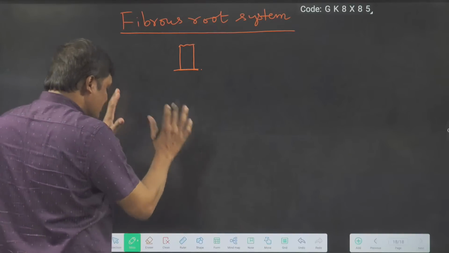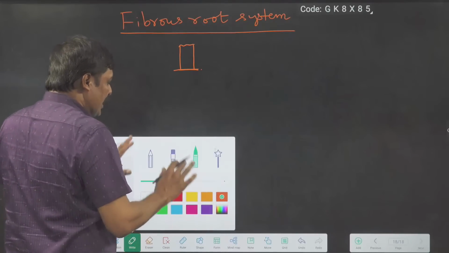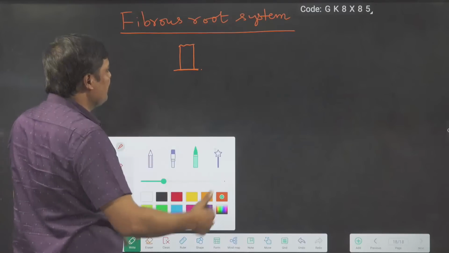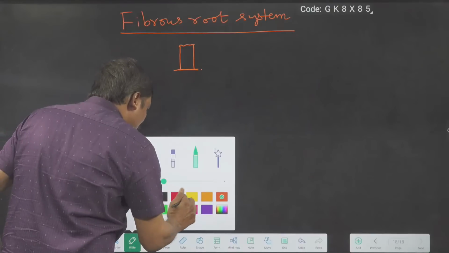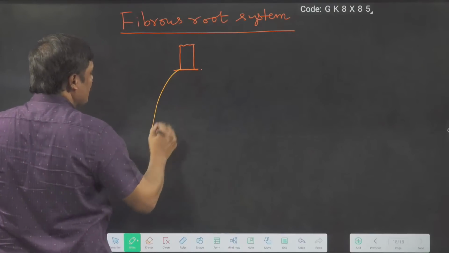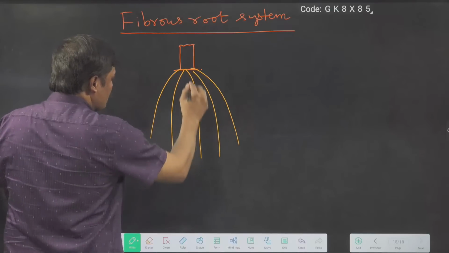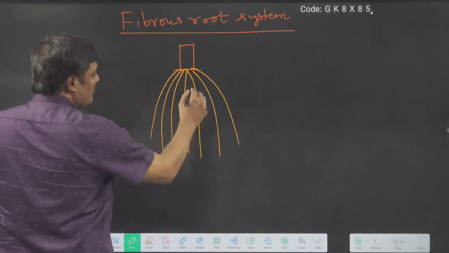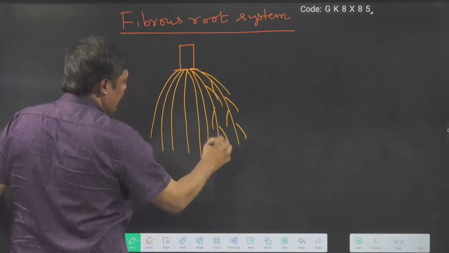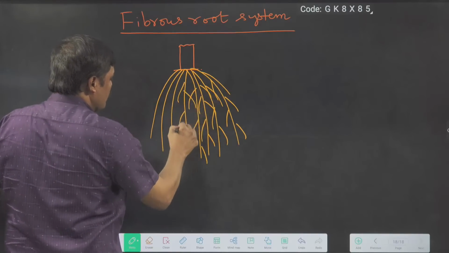That means this root system is not formed from the radicle. After disintegration of that root, a group of identical roots arises from the base of the stem like this. These are called lateral roots.